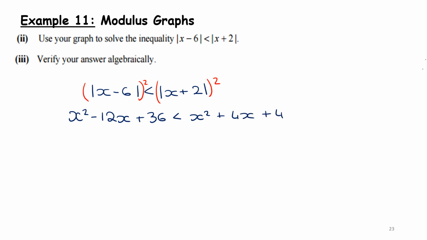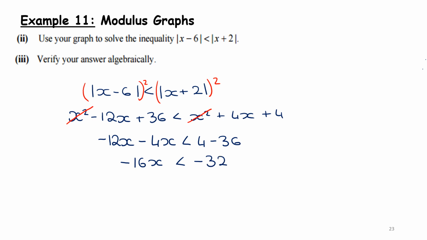Let's bring everything over because it's quadratic, but then the x squareds will cancel because I have an x squared on both sides. So then I have minus 12x minus 4x is less than, I'm going to bring my constants over, 4 minus 36. So we get minus 16x is less than minus 32.